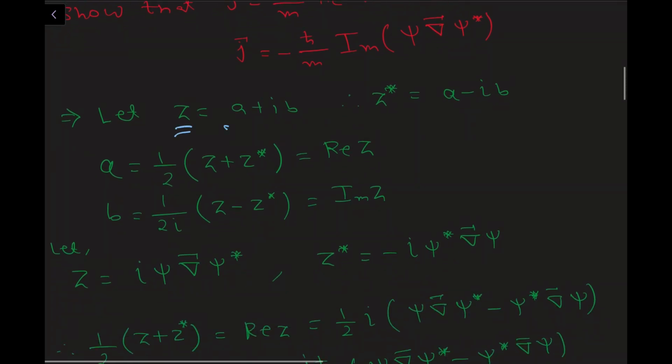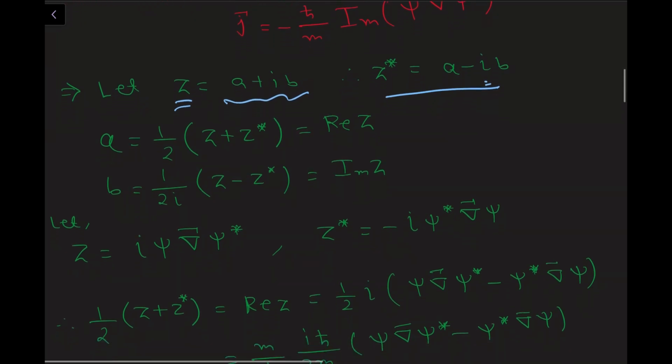So z is a complex number which is nothing but a plus ib, where both a and b are real. a is the real part of the complex number and b is the imaginary part. If we take the complex conjugate of z, it becomes a minus ib. Very simple: while taking the complex conjugate, we replace i by minus i.